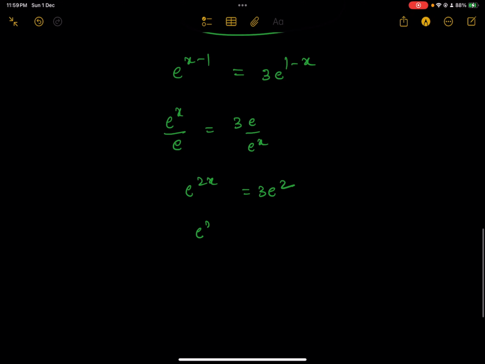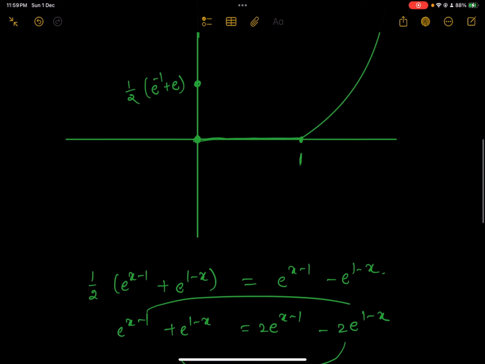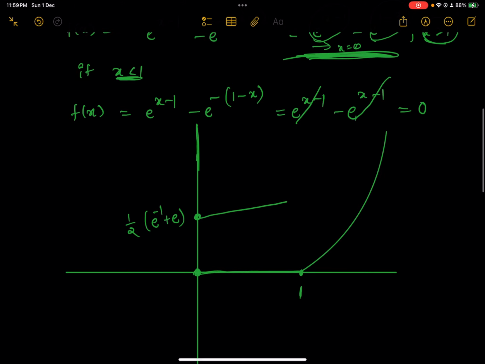So e power x is equal to root 3 e. x is equal to ln root 3 e. So that is equal to 1 plus ln root 3. So these curves intersect at a point whose x coordinate is 1 plus ln root 3.